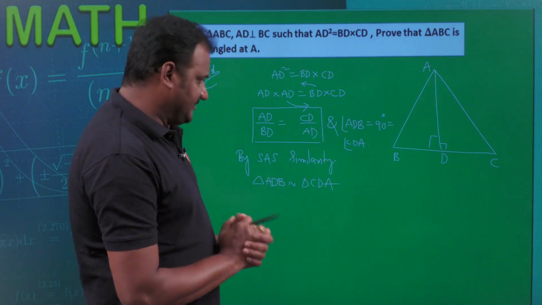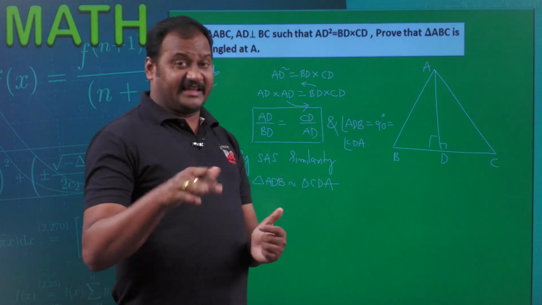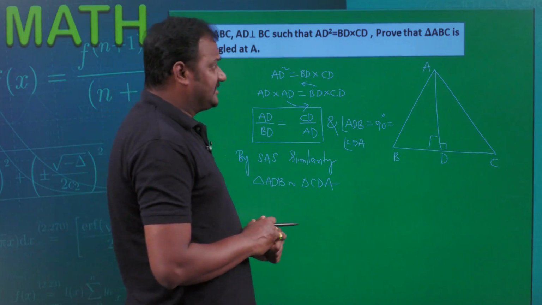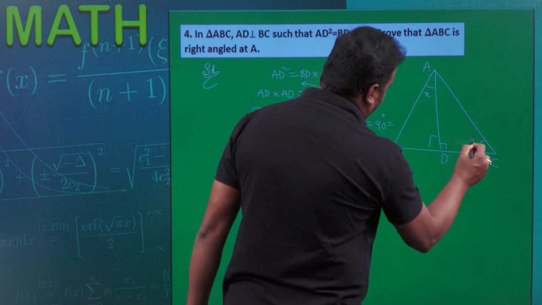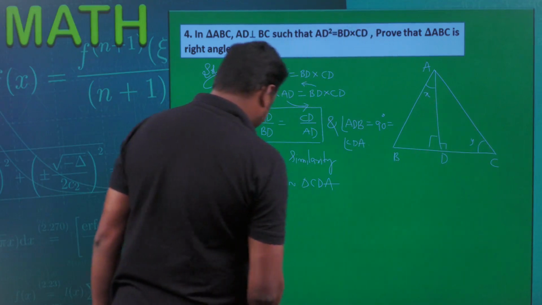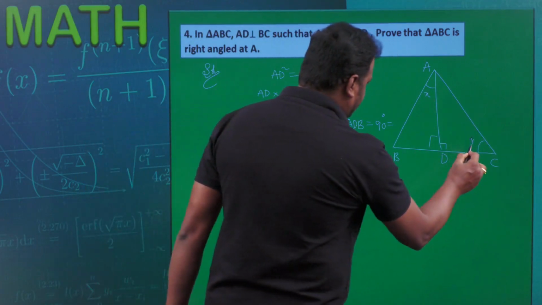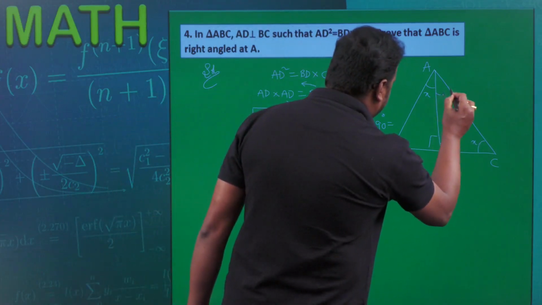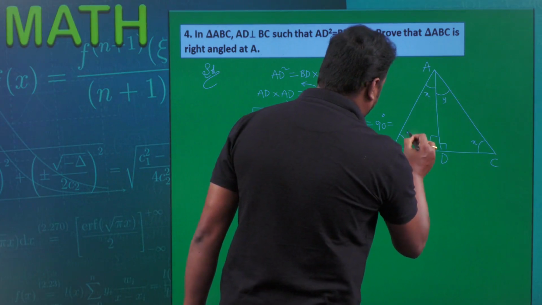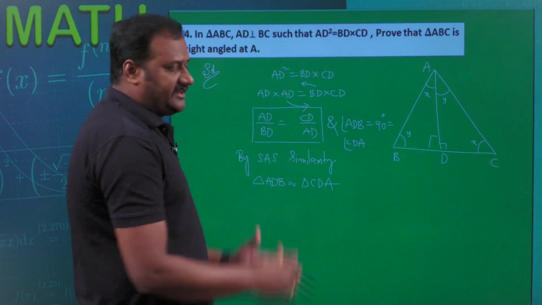Since these two triangles are similar, the corresponding angles are equal. So what are the corresponding angles? This angle is equal to this angle, and that is x. This angle is equal to this angle, and this angle is equal to this angle. Am I clear?